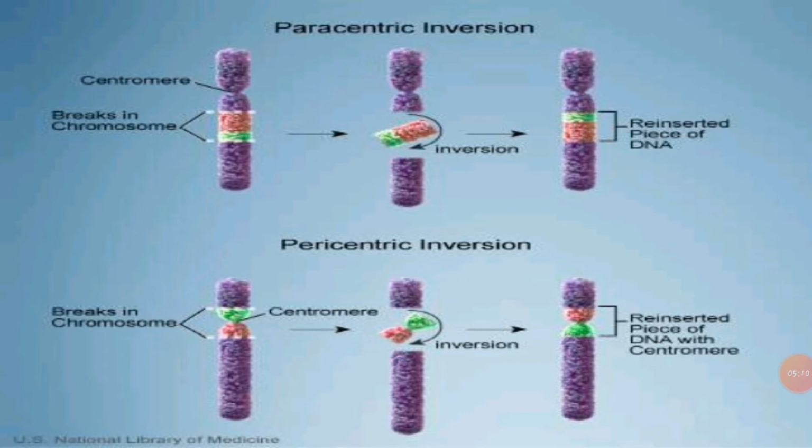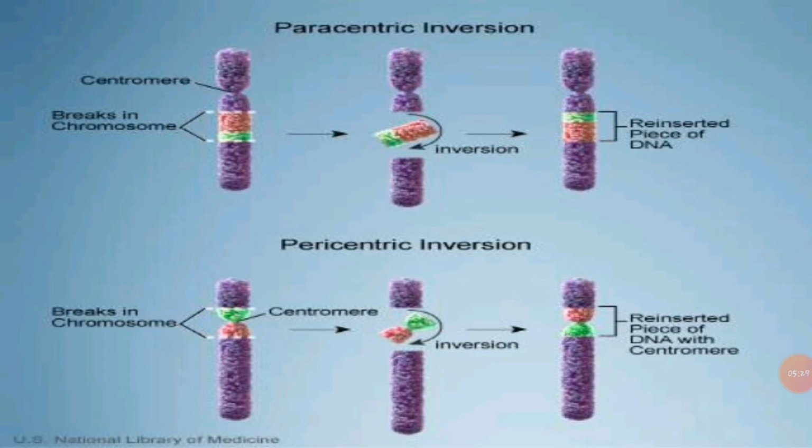Then in pericentric inversion, the breaks occur on both arms with involvement of the centromere, and this gets reinserted in reverse direction. This is paracentric and pericentric inversion.